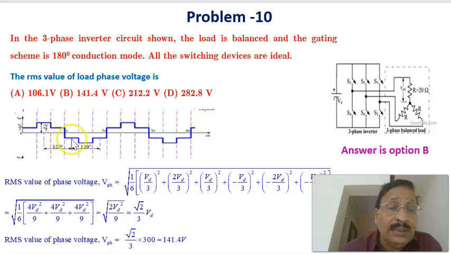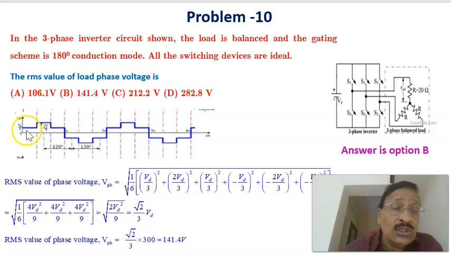From 180 to 240 it is equal to minus Vs by 3. From 240 to 300 it is minus 2Vs by 3. From 300 to 360 it is minus Vs by 3. That continues. Therefore, this is the shape of the phase voltage.